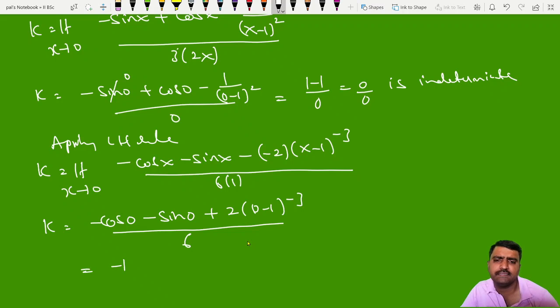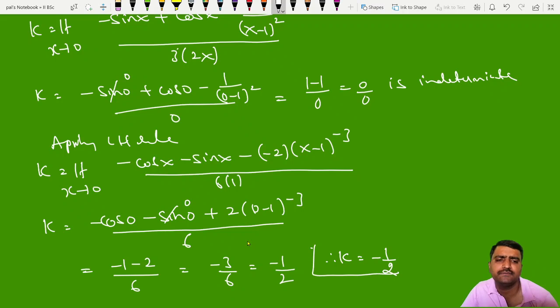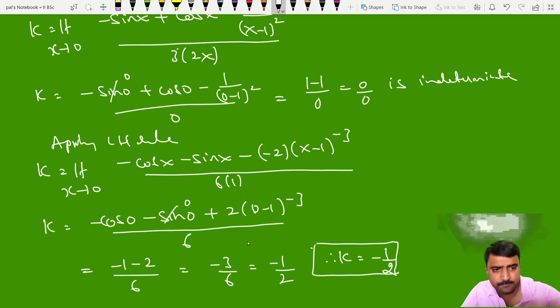Cos 0 is 1, so minus 1; sin 0 is 0; (minus 1) to the power minus 3 is minus 1, and minus 1 into 2 is minus 2. Minus 2 divided by 6, which is equal to minus 3 by 6, which is minus 1 by 2. Therefore the value of k is equal to minus 1 by 2.